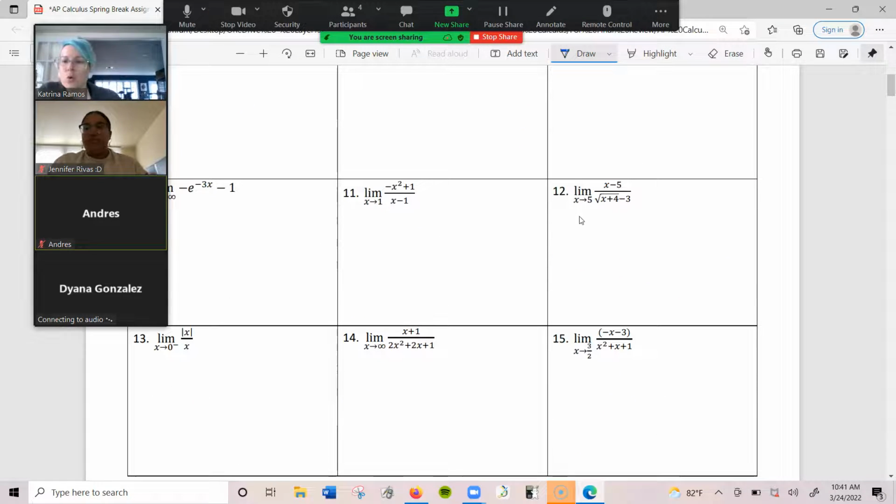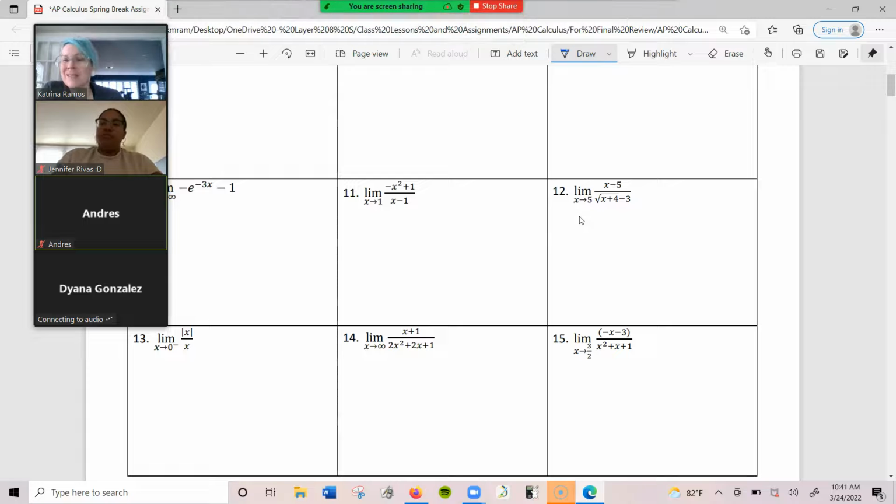Okay. So whenever we did absolute value limits, but I know it's been a while, but whenever you have an absolute value, you have to rewrite the absolute value part as the piecewise function. So if it's positive x, then that's going to be for when x is greater than or equal to 0. So how do we write the piecewise function?